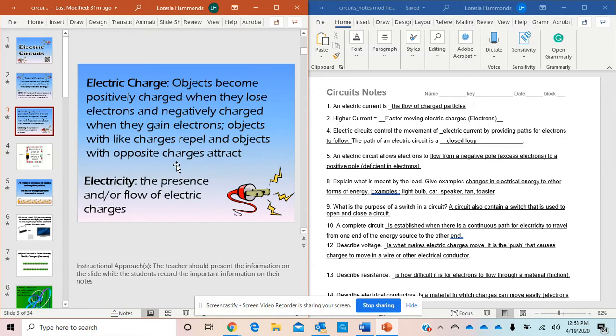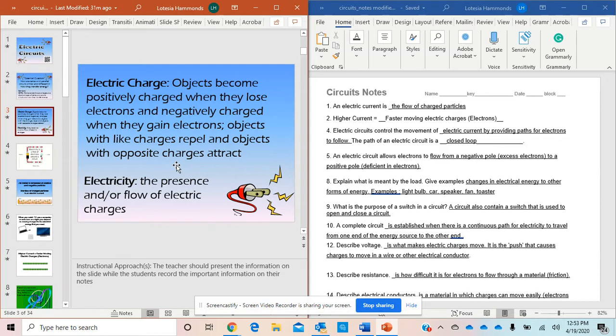So let's start off by describing what an electrical charge is and what electricity is. Charges of objects depend on whether or not they're giving up or receiving electrons. Objects become positively charged when they lose electrons, and negatively charged when they gain electrons.